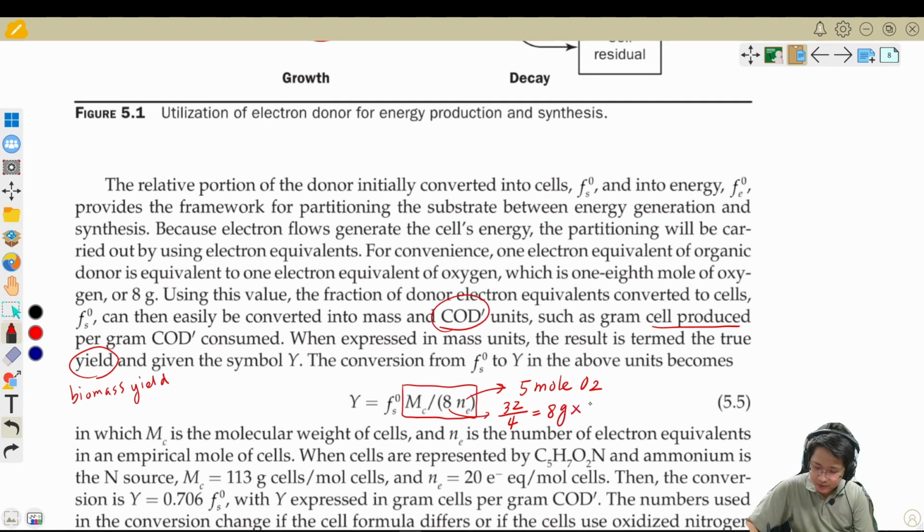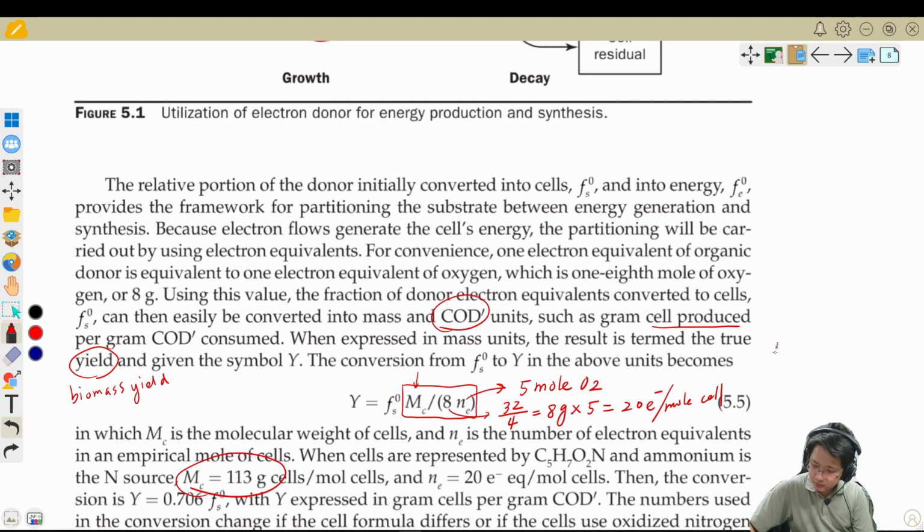So we times 5 here and use 5 moles. So here we know we will require 20 electrons per mole of cells. And the MC represents the molecular weight of the biomass. Here it's 113 grams.